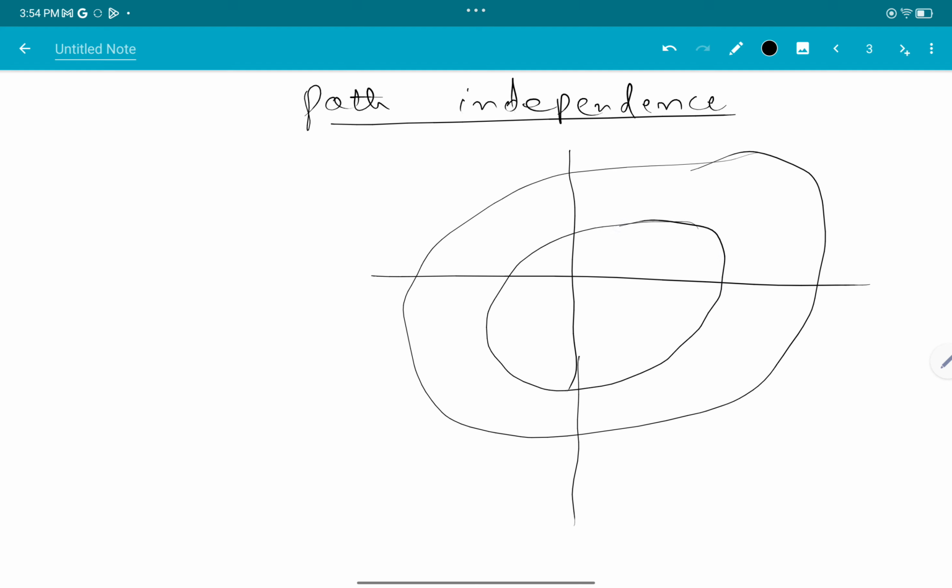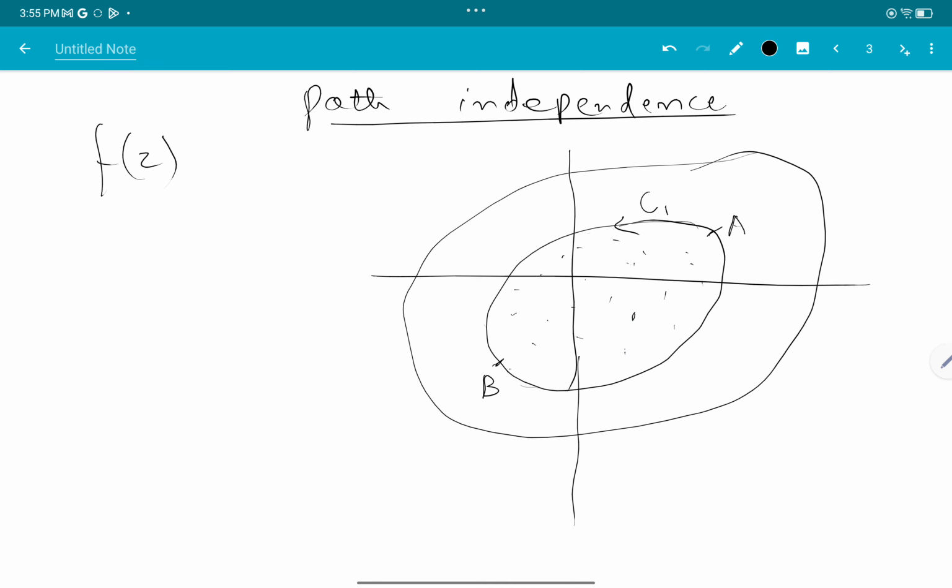This is closed path C. Call it, say, C1. This closed path has 2 points A and B on it. We have a function f(z) which is analytic at every point on this path and analytic inside it.